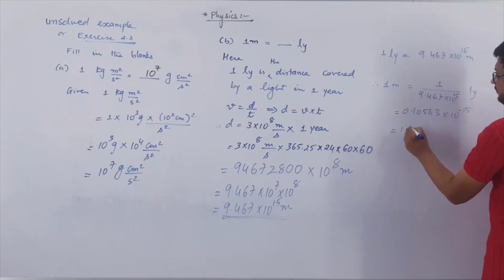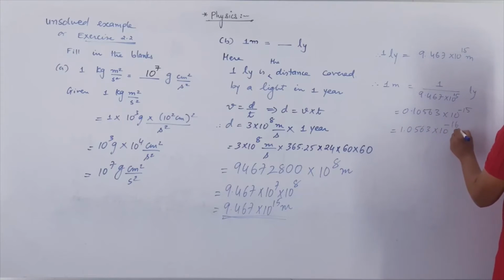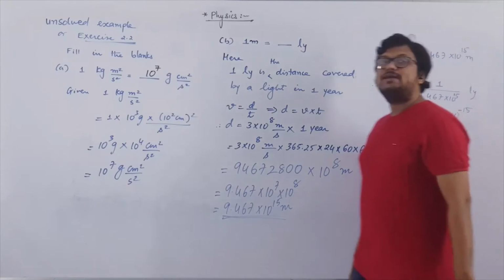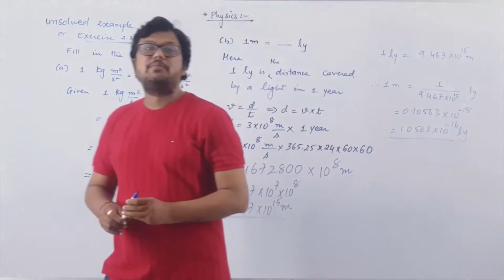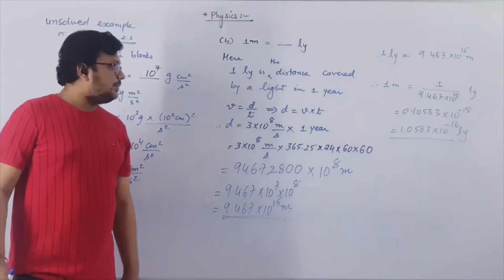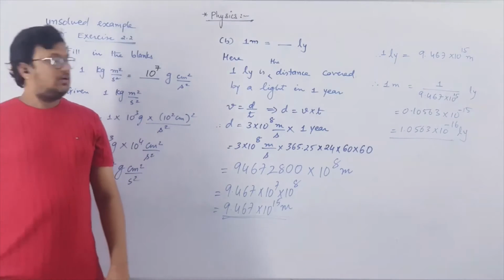So this will be 1.0563 into 10 to the power minus 16 light year. So 1 meter will be equal to 1.0563 into 10 to the power minus 16 light year. This is how we can convert 1 meter into light year or 1 light year into meter. Clear?